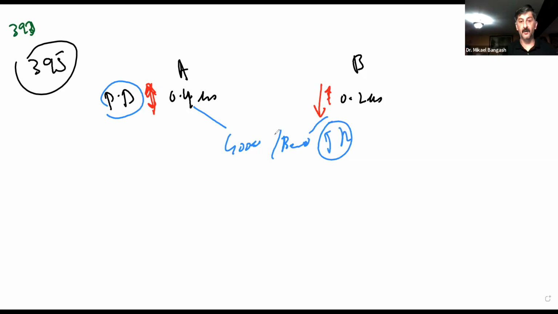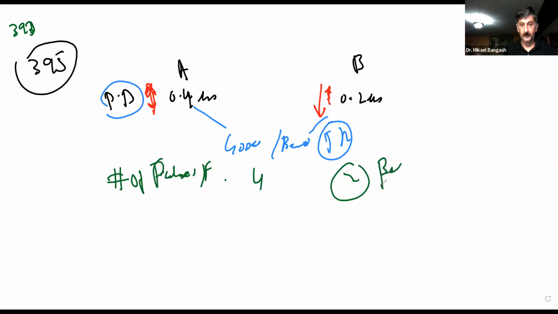It would have been a different question had they said, for instance, number of pulses per frame, and one had 4 and one had 2. Then this one here would have the best temporal resolution, and this one here would have a bad temporal resolution.